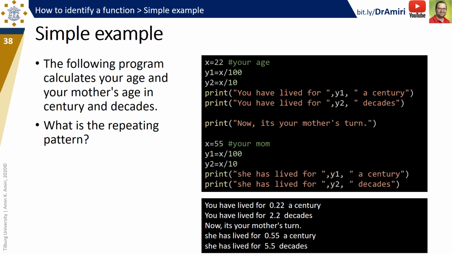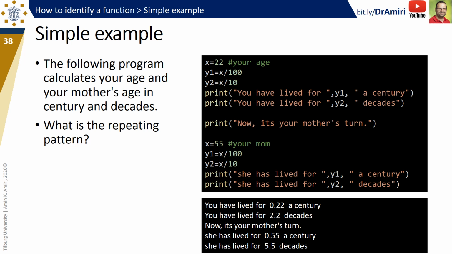Let me explain identification of a function using a simple example. You see in this example, it gets an age and sets x to that age, which is 22. Assume that this is your age. Then it calculates your age in century and in decades rather than in years. So y1 includes your age in century, and y2 includes your age in decade.